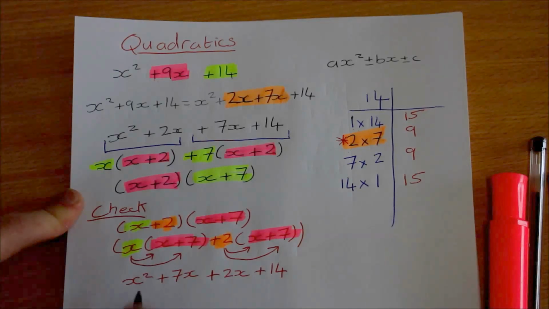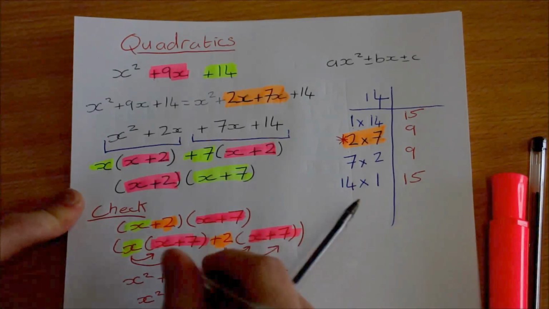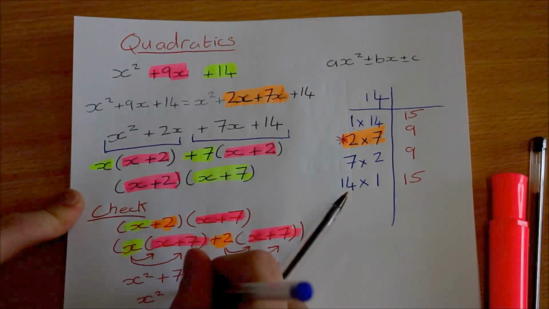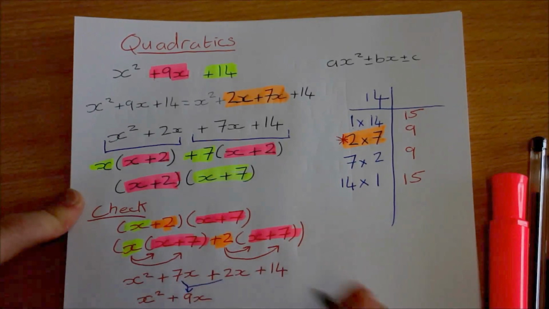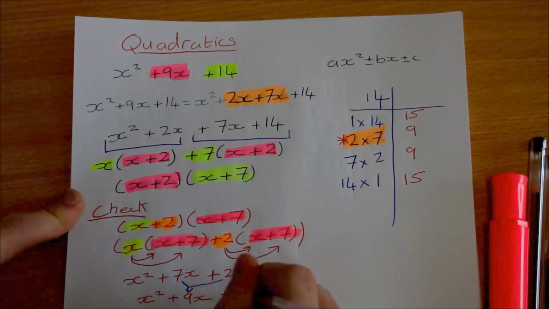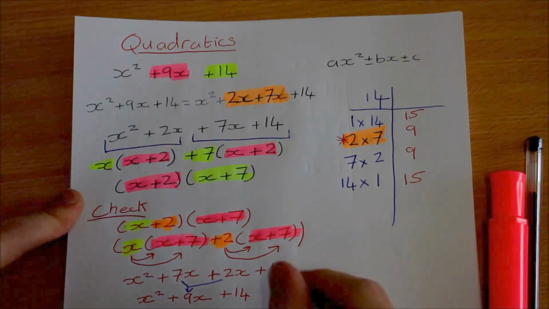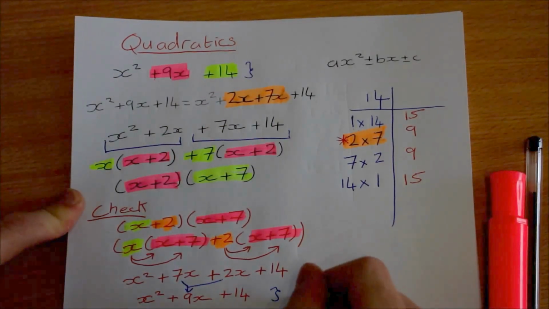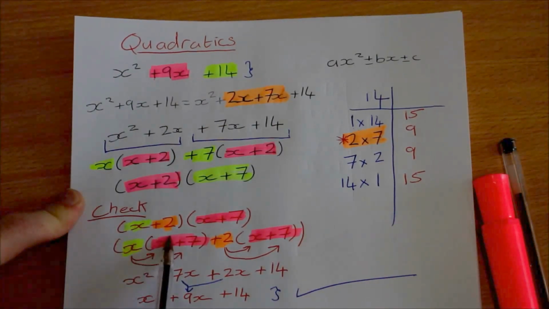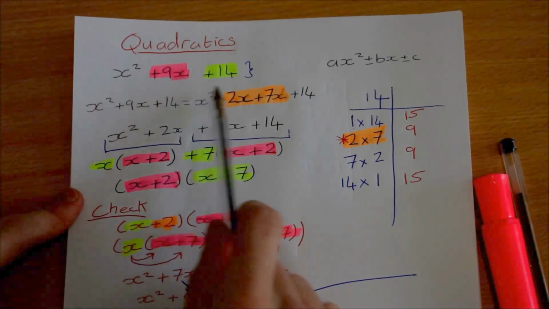Finally, we tidy up. x squared is just x squared. 7x plus 2x can be combined to give me a plus 9x, and my plus 14 just stays the same. So now what you can see is that this equation is the exact same as my original equation. So my factors, x plus 2 brackets x plus 7, are the correct factors of my quadratic equation x squared plus 9x plus 14.